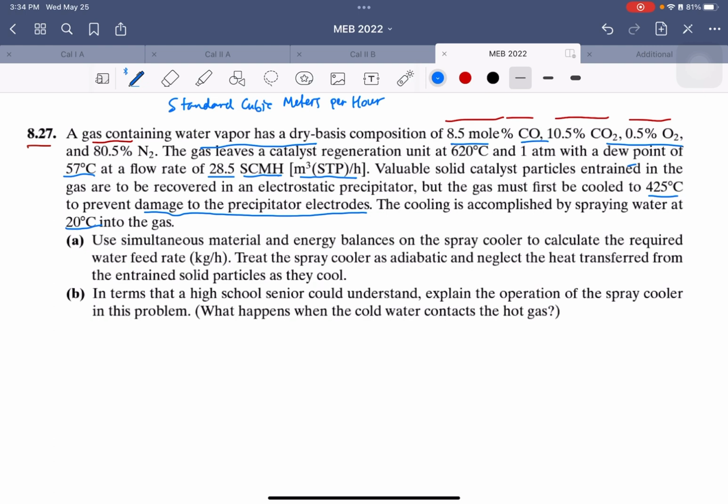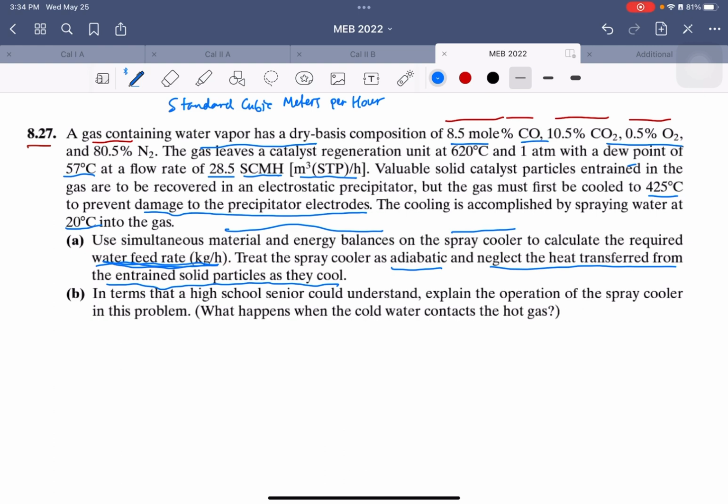So we need to use the material and energy balance for the spray cooler to calculate the required water feed rate. So this is what we are going to achieve for the first goal. And the assumption is adiabatic. Neglect heat transfer from the entrained solids as they cool. So we just focus on the other way around. Okay, so we need to just neglect the heat transfer from the solid particles.